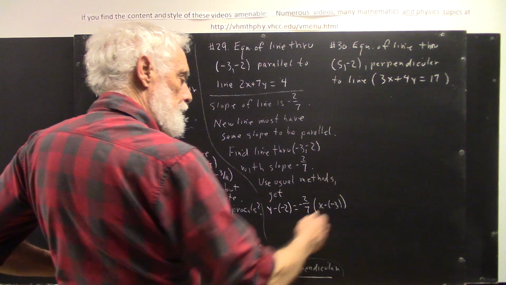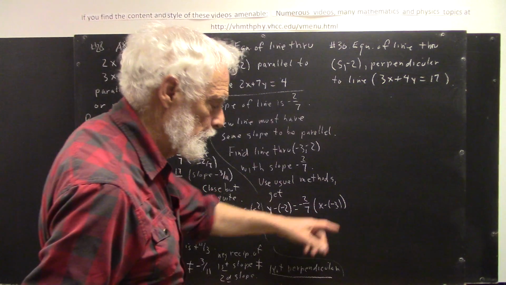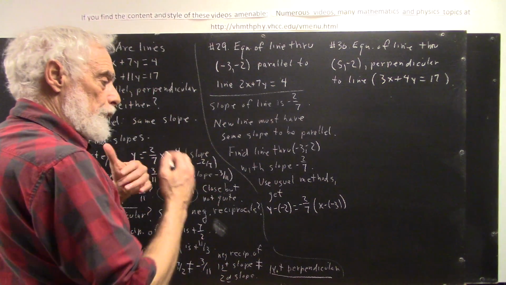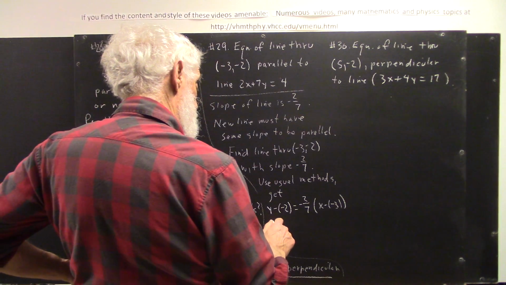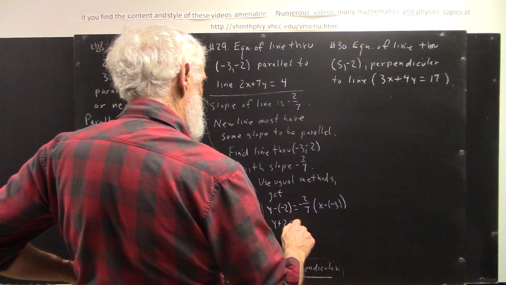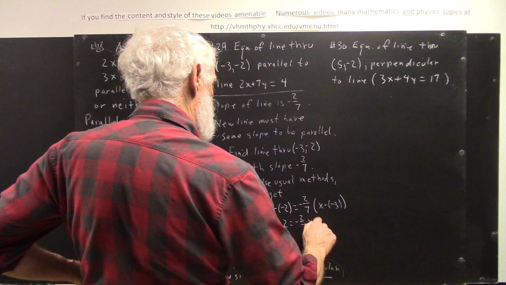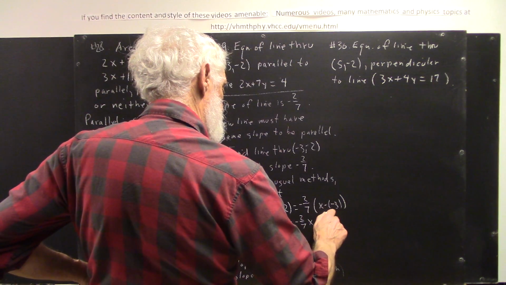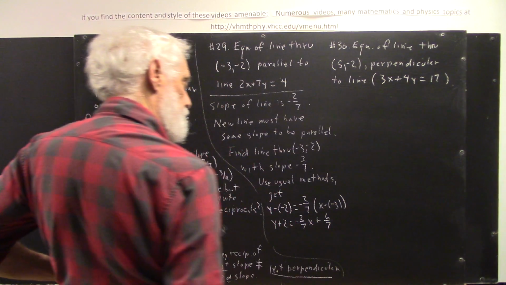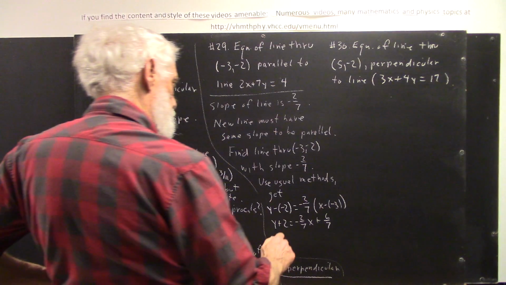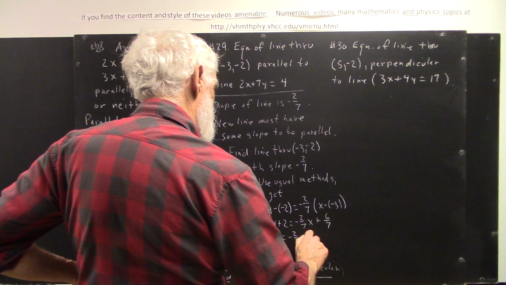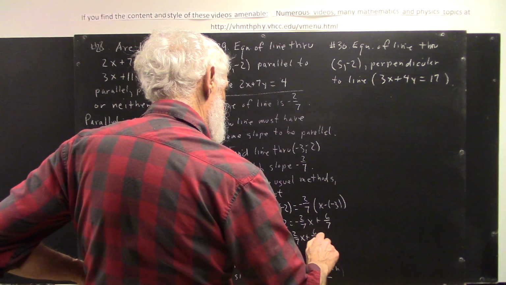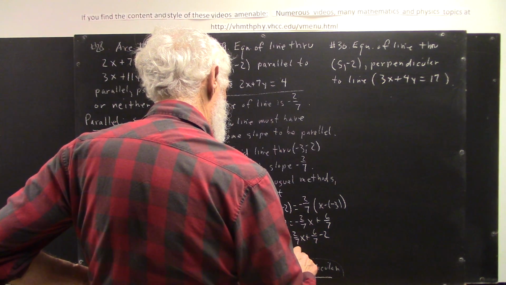This is consistent with the point slope form, but it's also what you get if you do the two fundamental triangles after just a couple of steps. This gives us y plus 2 equals -2/7 x plus 6/7, so that y is -2/7 x plus 6/7 minus 2.